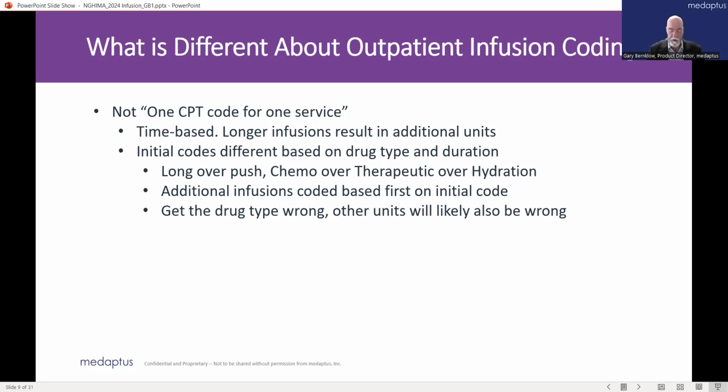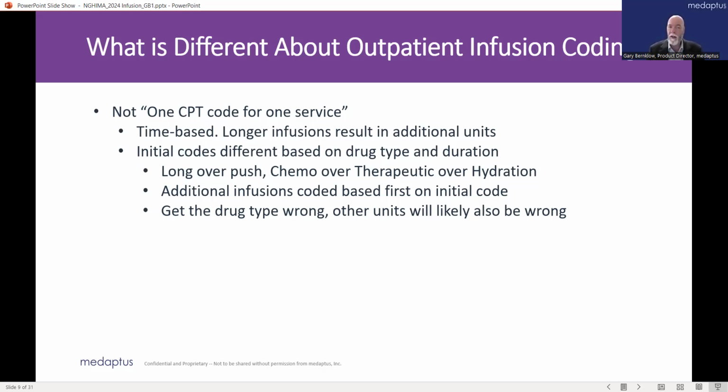It differs from inpatient infusion coding, where infusion services are charged as part of the DRG inpatient prospective payment system, whereby organizations are reimbursed for all services provided during the inpatient stay as determined by that patient's diagnosis-related group, right? It is actually much more complex than that, but essentially the hospital is paid for all services during a patient stay, including drug administration through an IV line. That's what happens on the inpatient side.